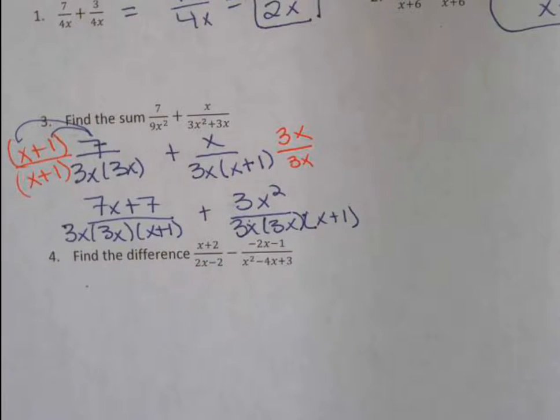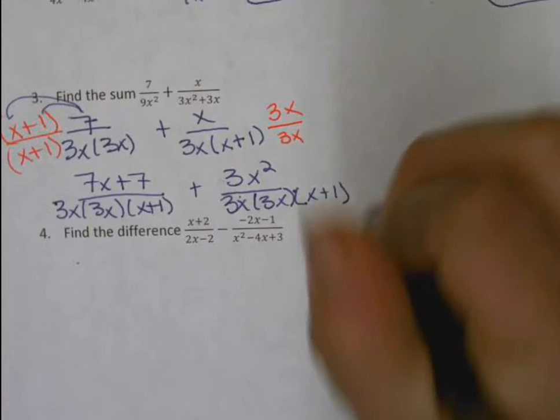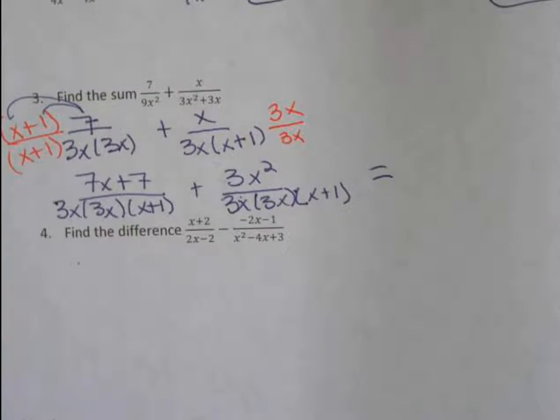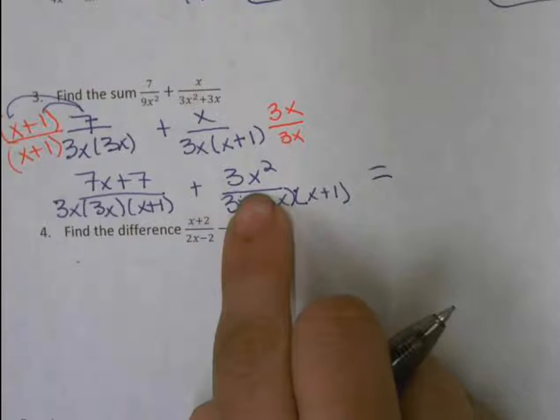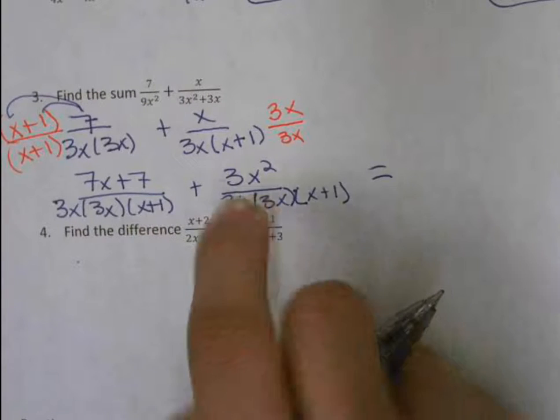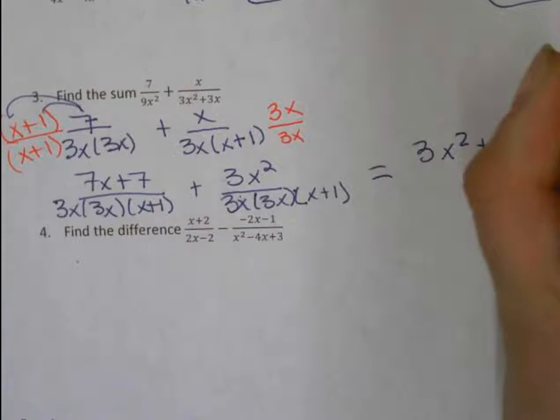Okay, so questions here. Then what I want to do next is add my top numbers. Can I combine any like terms on the top here? No, because this one's a regular x and this one's an x squared. So then I'm going to have 3x squared plus 7x plus 7.